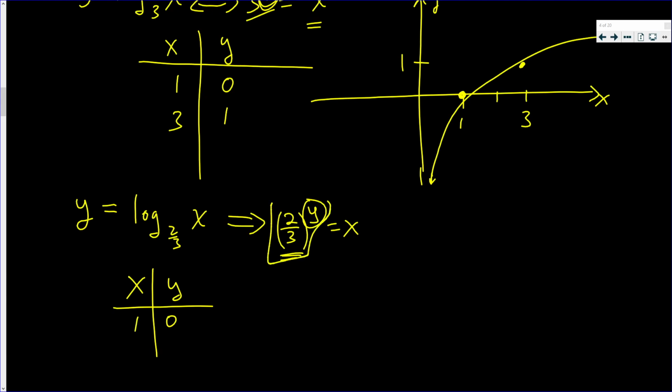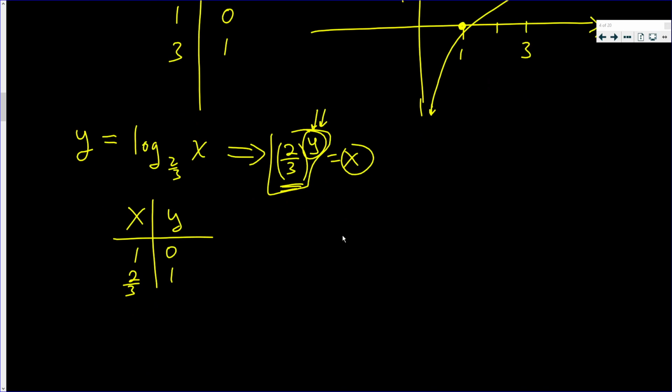Whatever this equals, that's what x is. What makes the power 1? y being 1. So x will be 2/3 to the 1, or 2/3. So when x is 1, I don't go up any. Now since x is going to be less than 1, let's have a bigger gap.